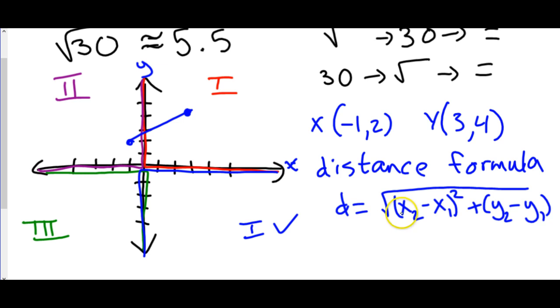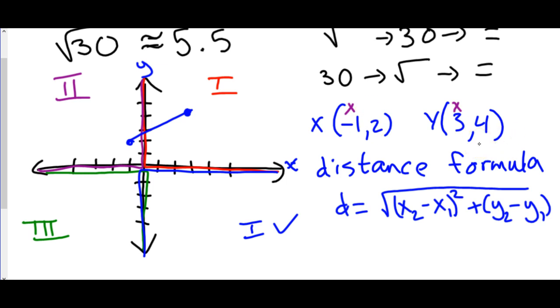Now they label this x with a little 2 below, x with a little 1 below for a reason. That's because they're both x values on some sort of point, but they're different x values. So looking at this point, -1 is an x value, but so is +3 on the second point. Those are both x values.